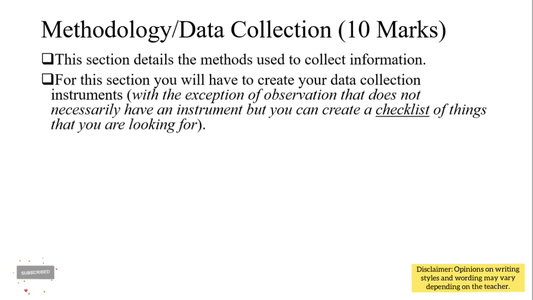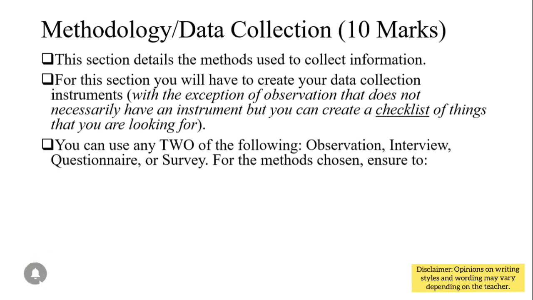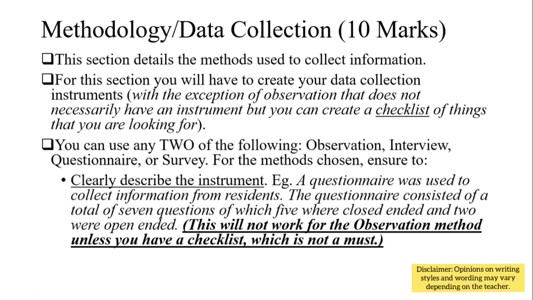Now for this section, you will have to create your data collection instruments, right? With the exception of observation, which does not necessarily have an instrument, but you can create a checklist of things that you are looking for. You can use any 2 of the following instruments: observation, interview, questionnaire, or survey. For the methods chosen, please ensure to clearly describe the instrument.